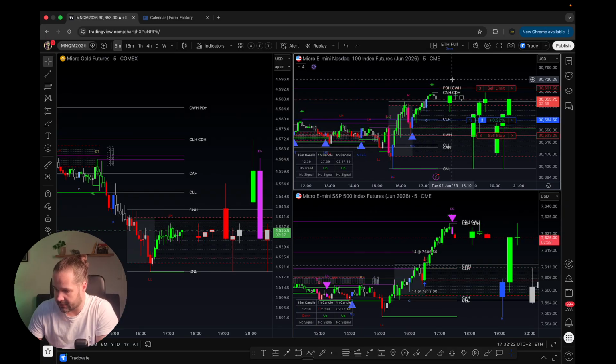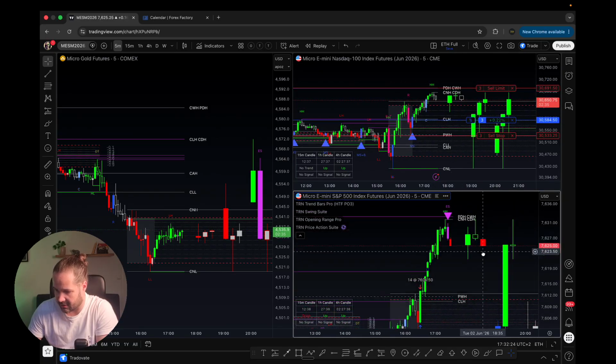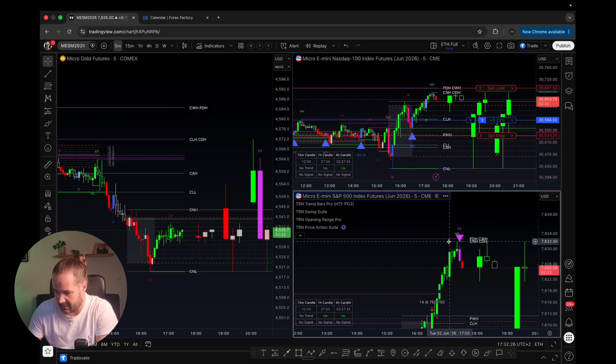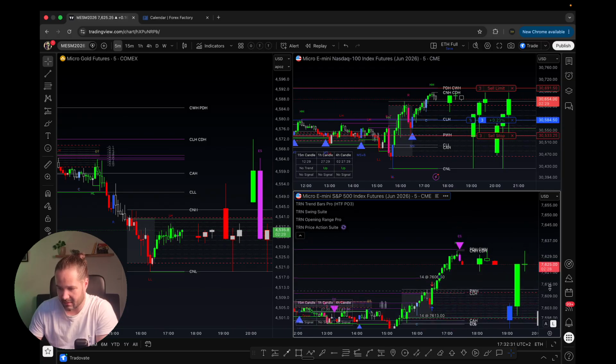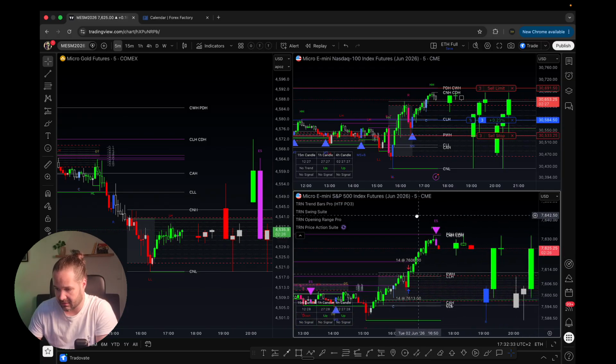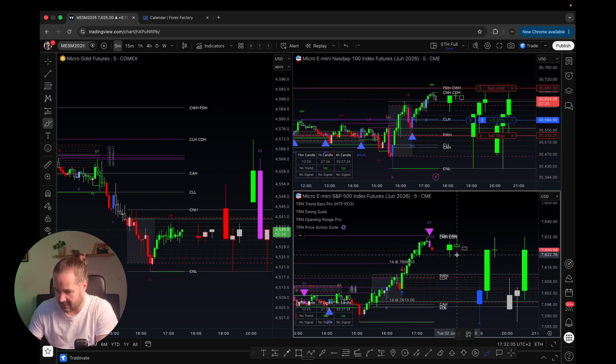God damn it. And what's this? What's this here on ES, honestly? What the hell? The liquidity is still here. Why are we printing the reversal here? Makes no sense. So here, it would be possible that we get a pullback and then turn bullish again. This would be a great chance to catch a long entry here, if we get this pullback and then a long entry signal from the Trend Bars Pro indicator afterwards, like a candlestick pattern like this one here, then it would be a very strong long setup.